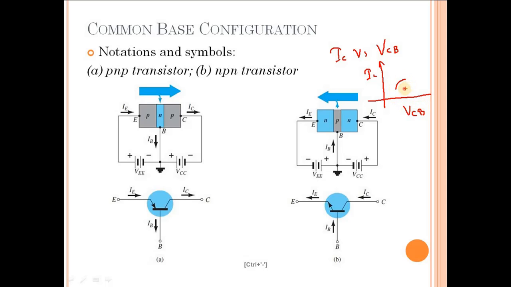So we have multiple curves, and each curve corresponds to some IE value. IE0 will give some curve, a different value IE1 will give a different curve representing the variation of IC with VCB. For IE2 we again have a curve showing how IC varies with VCB, and likewise we'll have numerous curves for different values of the input current IE. The set of such curves showing how IC varies with VCB for different values of IE comprises the output characteristics.